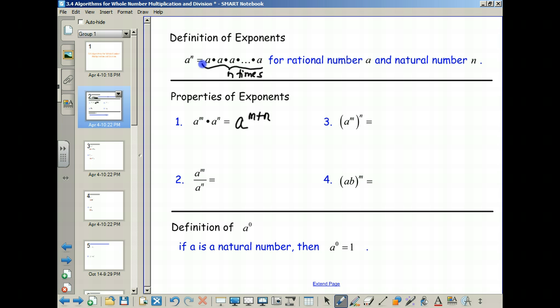That is the correct method. Now, 1 and 2 are very similar because in number 1 we've got them multiplied, and in number 2 we have them divided. So if multiplication turns into addition of exponents, then division will turn into subtraction, right? Again, I promise to give you a concrete example in a moment.